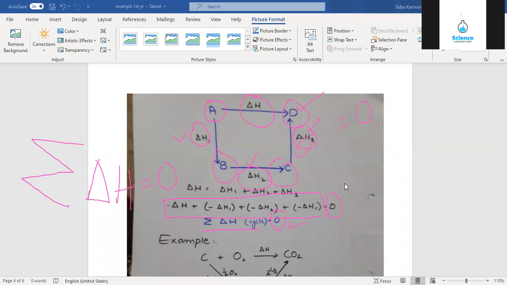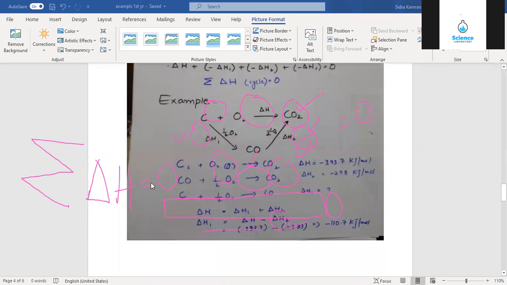Next example, understand this example with enthalpy change. Carbon solid plus oxygen gas react and make carbon dioxide. The enthalpy change is minus 393.7 kilojoules per mole.